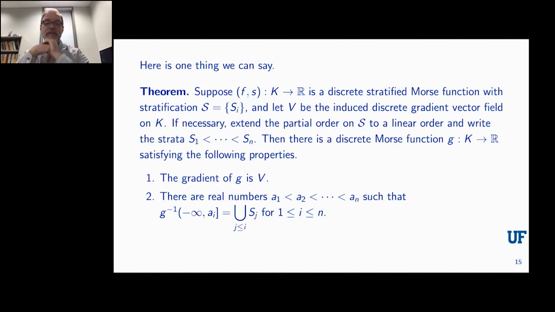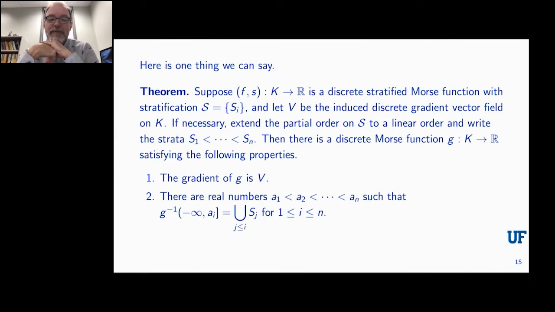Here's one thing we can say though. So here's a theorem about this. If I have a discrete stratified Morse function and I take the induced gradient vector field that I get by taking the union of the fields on all these pieces, let's assume we have a linear order on our strata. You can always do that. Then you can actually find a discrete Morse function whose gradient is v, no problem.